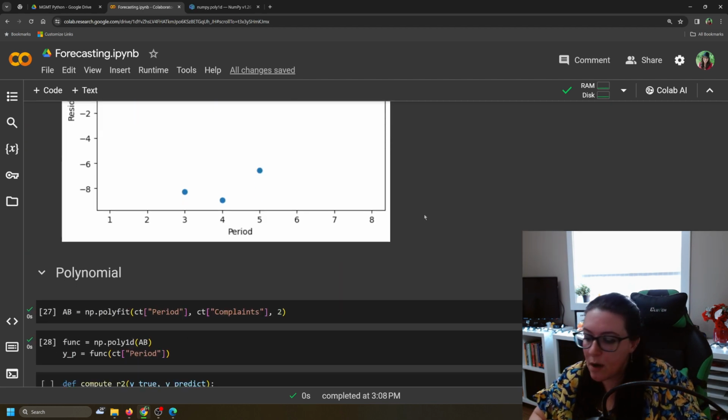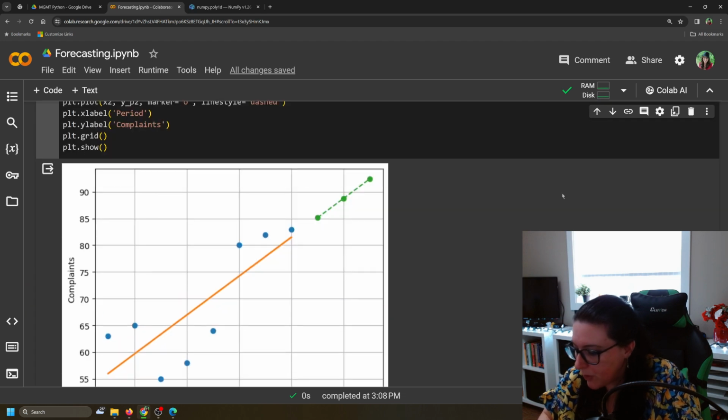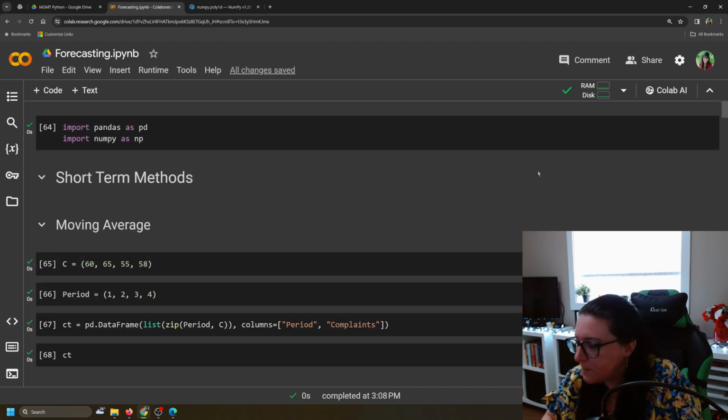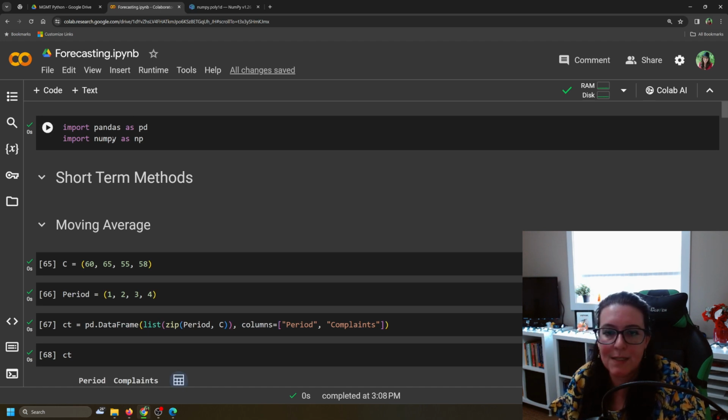So if you did not run the previous video, you will need to run a couple things. So first, what we're going to need is to import pandas as pd and numpy as np.